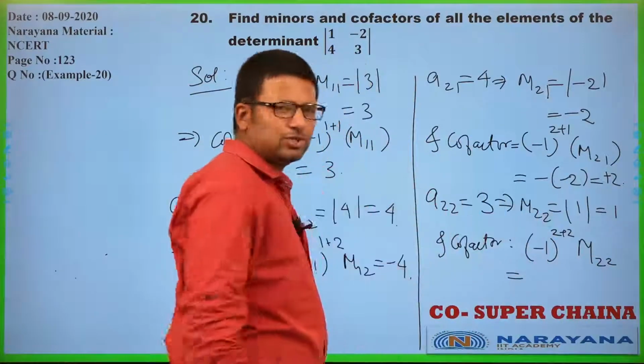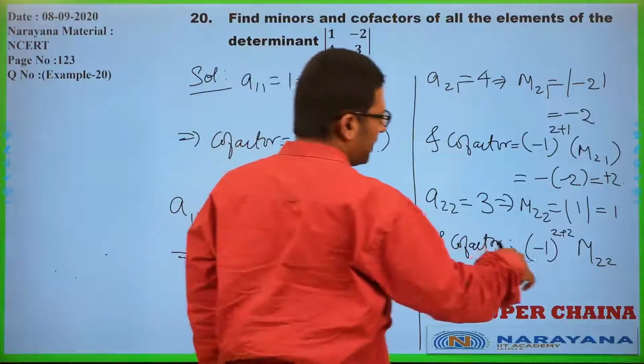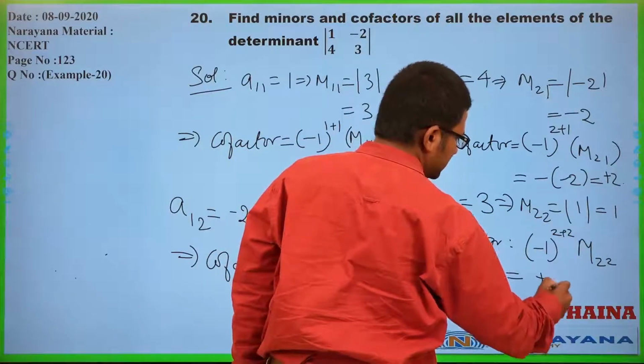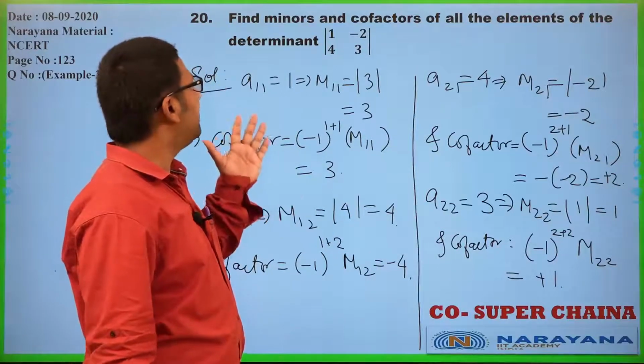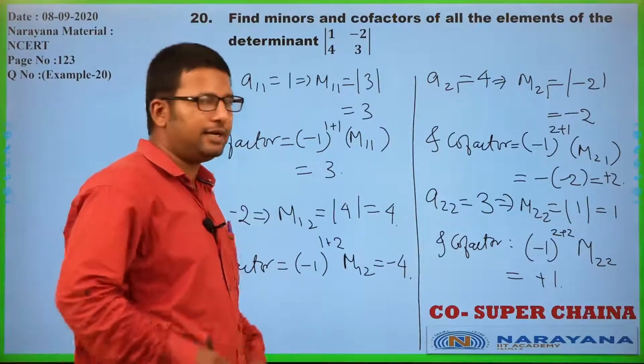So -1 raised to 2 plus 2 is +1, right? So plus M22, which is +1, correct? That is the minor and cofactors of all the elements, right? Okay.